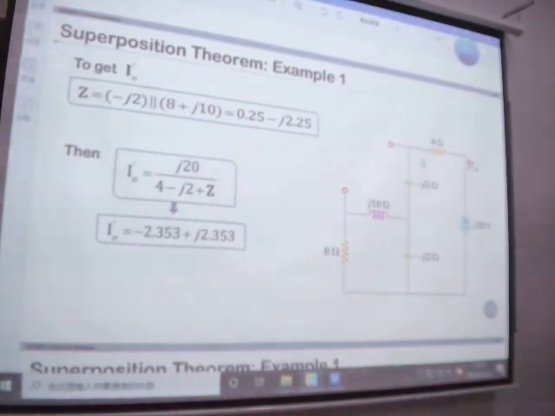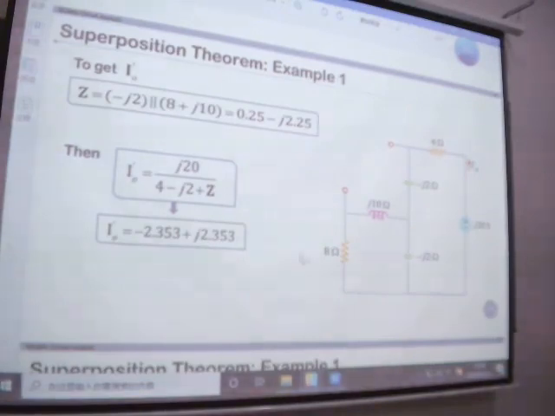How to solve I0? We can calculate the total impedance spanning the source. Can you calculate it? Yes, it's easy.